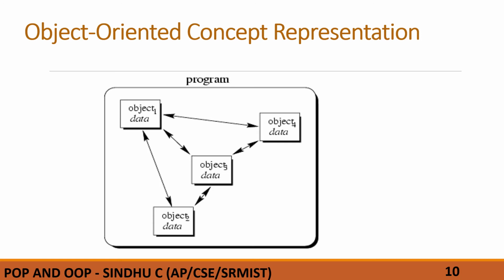So all those data is with respect to each object in the form of a student. So we can have multiple objects and they can be associated with each other.